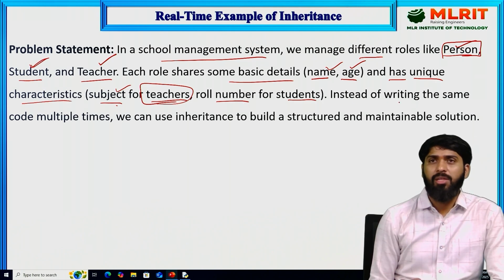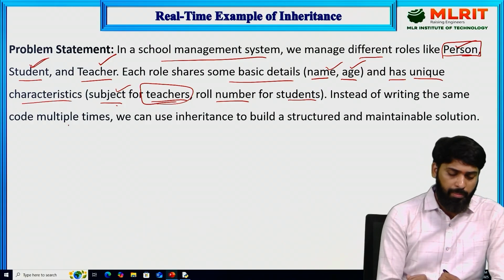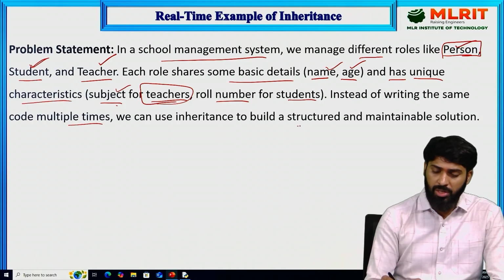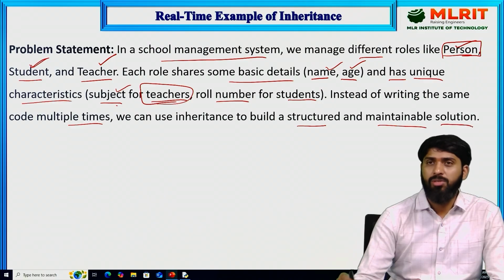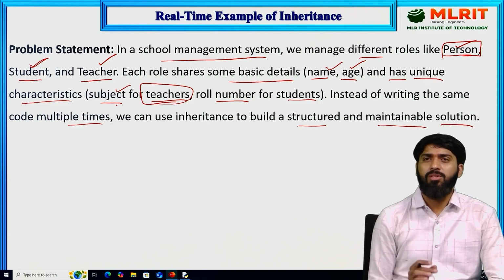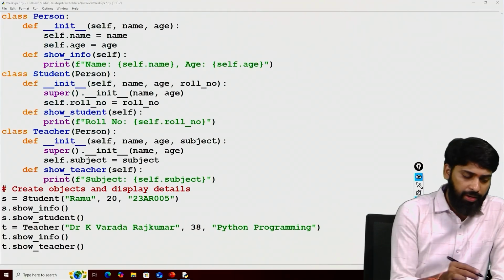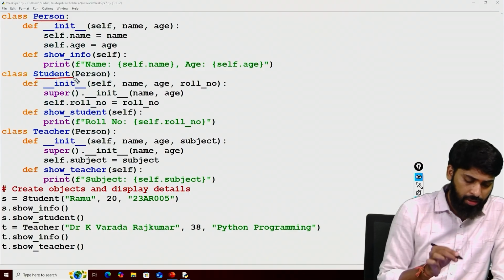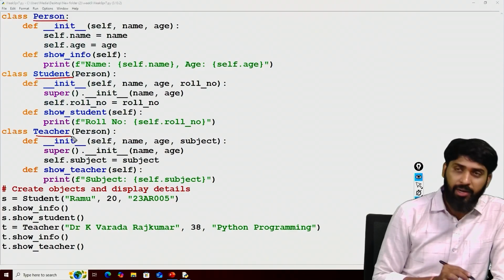Instead of writing the same code multiple times, we can use inheritance to build a structured and maintainable solution. Okay, so let us see the solution. In this program, I define three classes: one is person, another is student, third is teacher.